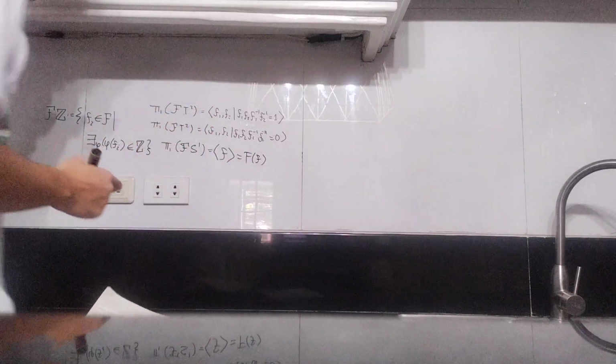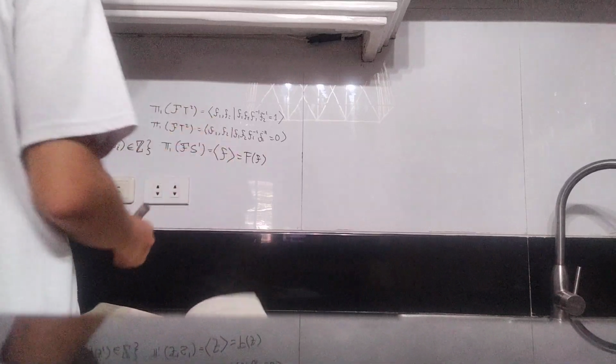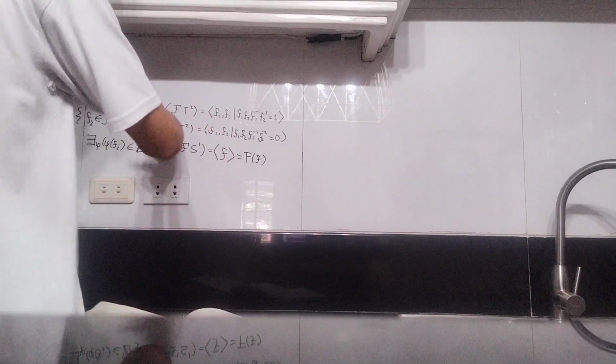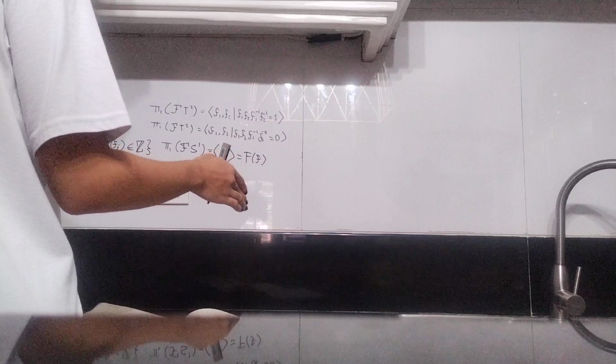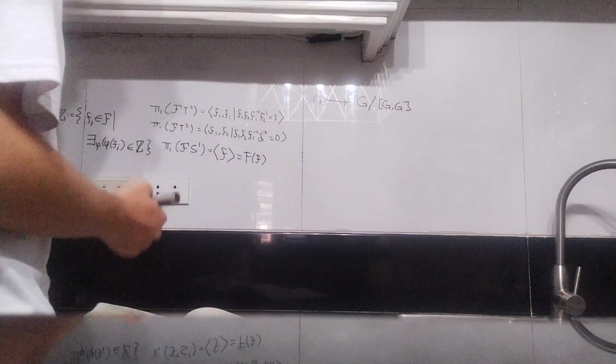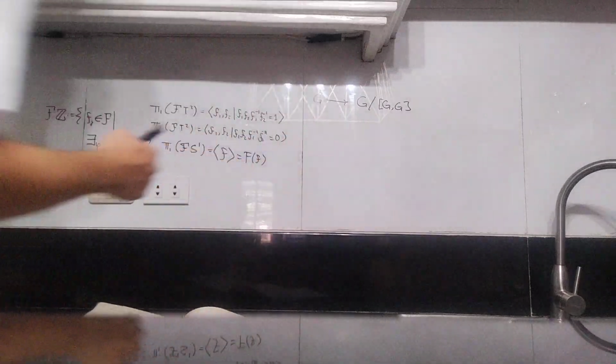Because we will observe that when we take its commutation relation and mod the original group by the commutator subgroup, recall that the abelianization of a group G is G mod its commutator subgroup, which is essentially every element in G put inside the commutation relation.